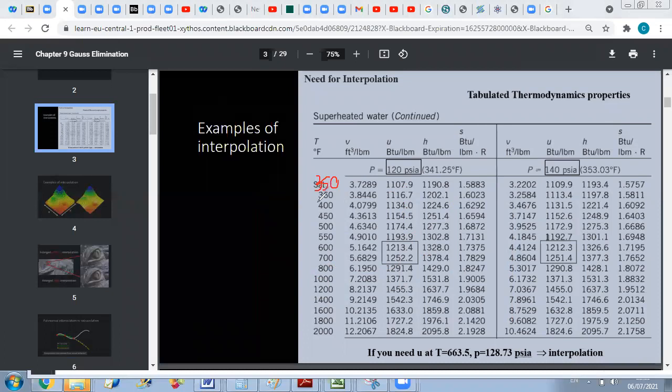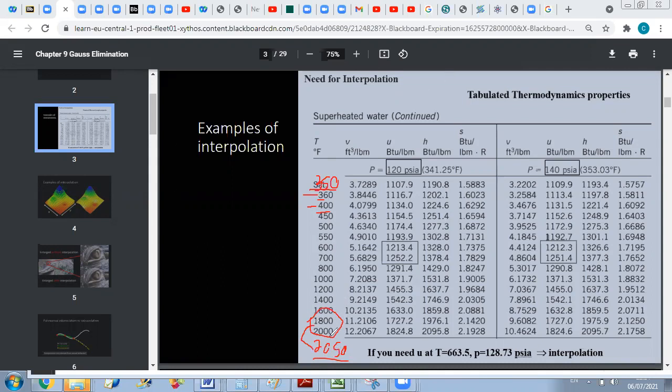You say, I will consider the linear interpolation between 360 and 400, and consider that 350 belongs to this line. Or if I have here, for example, 2050, also same procedure, I will find the linear interpolation here, and say I will extrapolate my linear result to find what is h at 250. Okay?